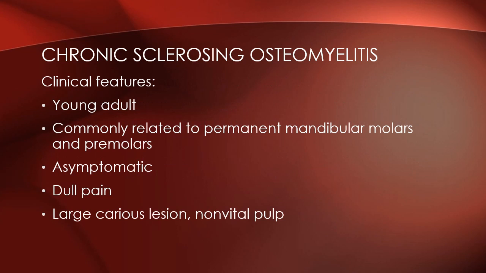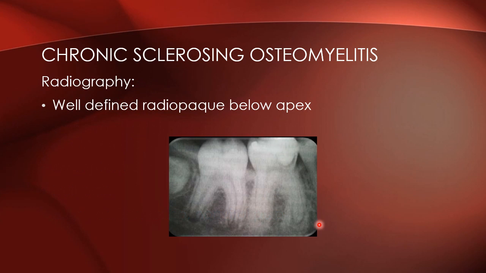Clinical features: it occurs in young adults, commonly related to permanent mandibular molars and premolars. Asymptomatic, dull pain, large carious lesion, no vital pulp. Radiography: well-defined radio-opaque area below the apex. Here in this radiograph we can see an increase in radiodensity around the apex of the tooth.